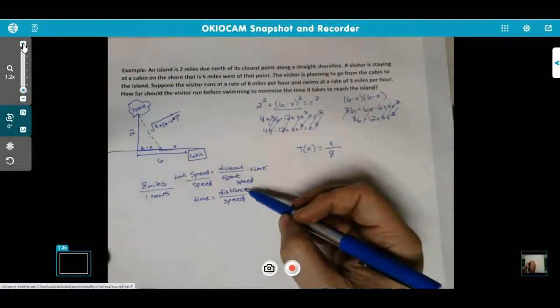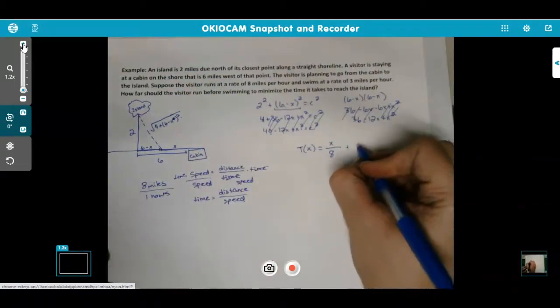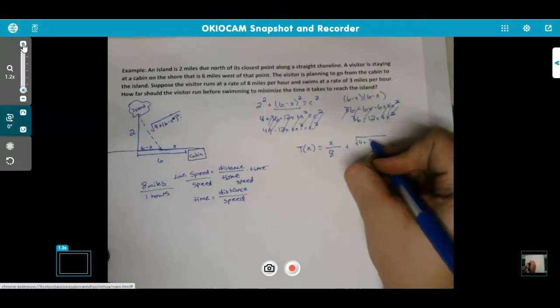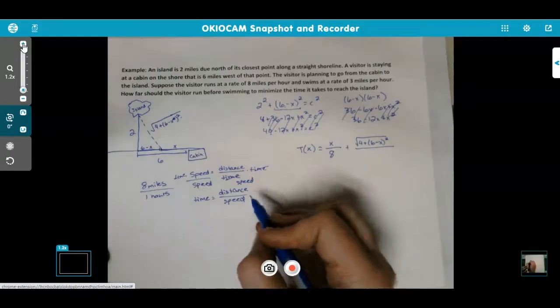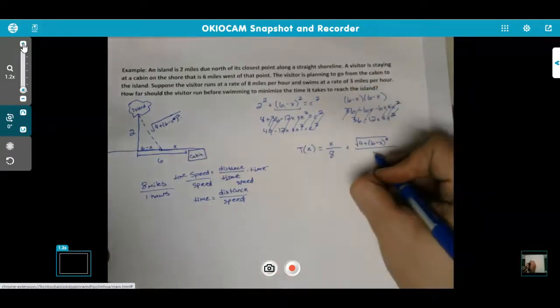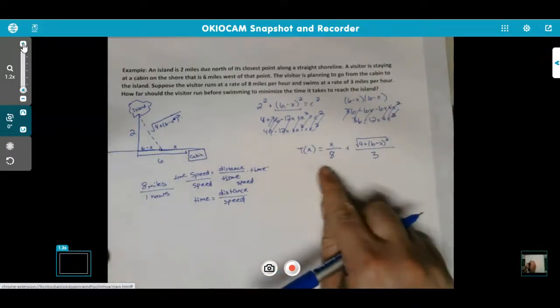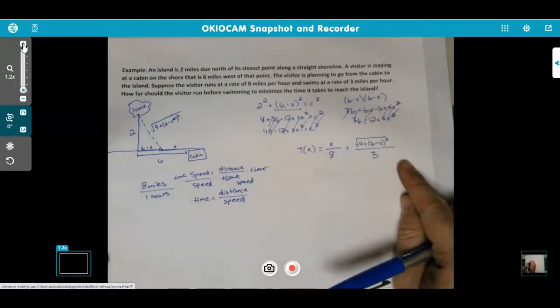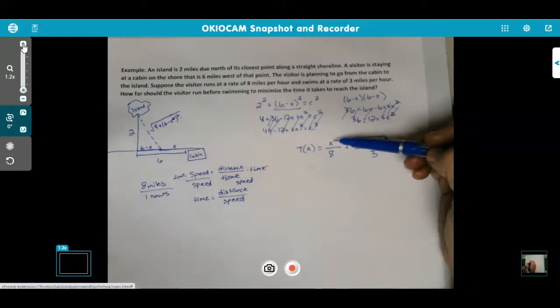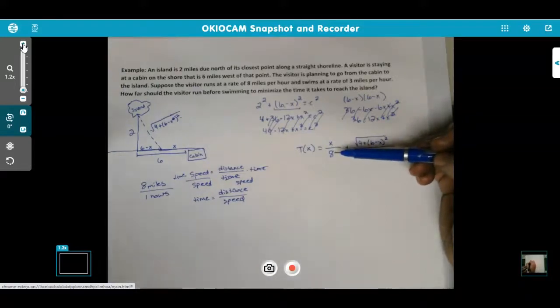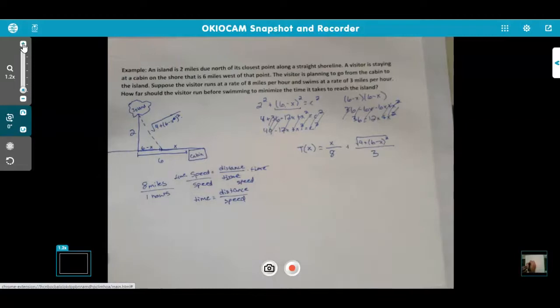How far I've got to swim is the square root of 4 plus (6 minus x) squared, over my speed to swim, which is 3. So my t of x is all of this. Again, time is how far I've got to go divided by my speed.